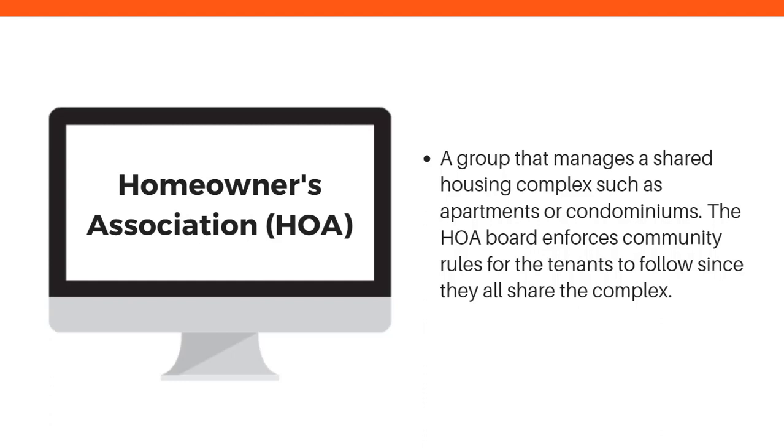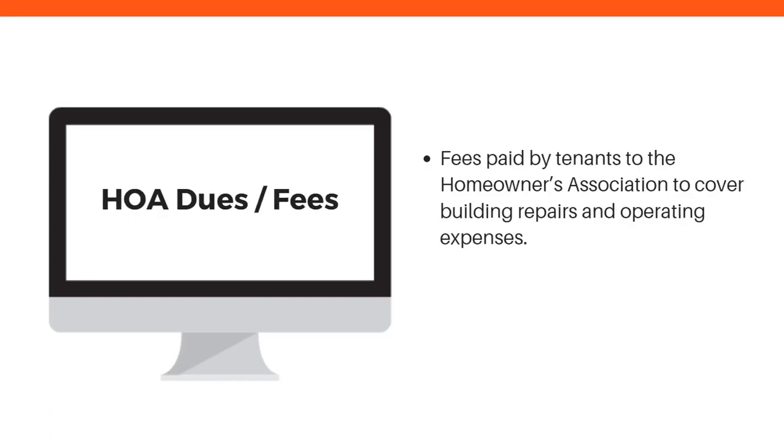So all this gets handled by having an HOA, or a homeowners association, that can be responsible for making sure that repair guys are coming out and keeping the property looking nice. And there's typically an HOA due or an HOA fee. So this is our next vocabulary word.